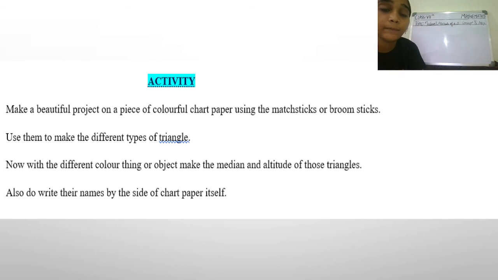You have to use them to make different types of triangles, take different color material, and mark the median and altitude of those triangles. You have to show your creativity in how you can draw the medians and altitudes of all those triangles. And if you wish, you can bring it to the class, or you can also draw it on the chart paper.